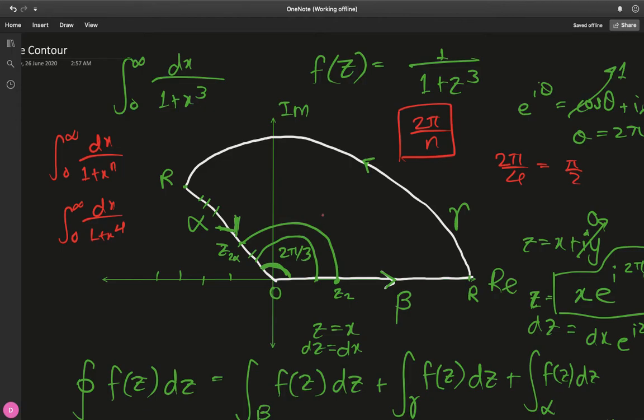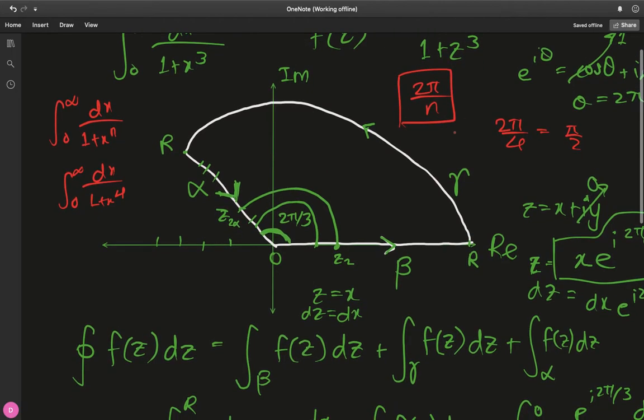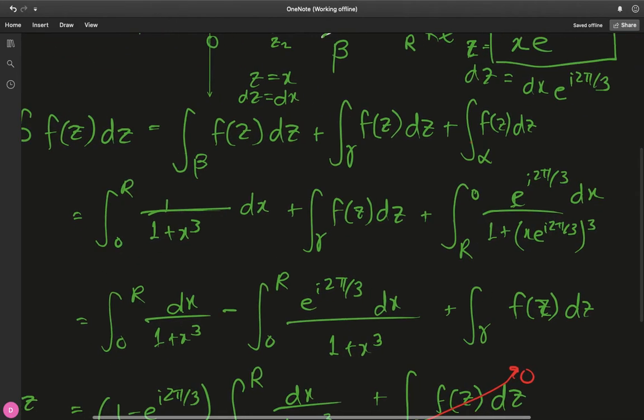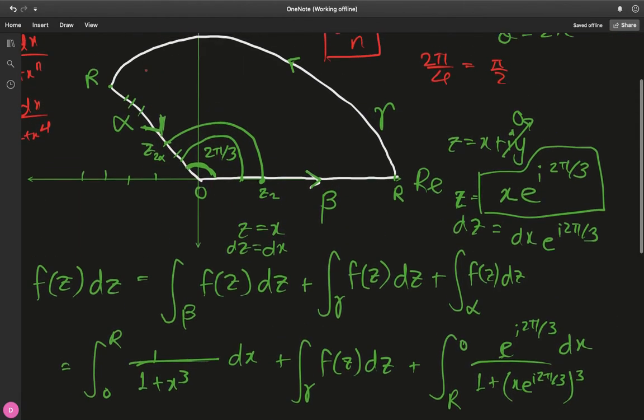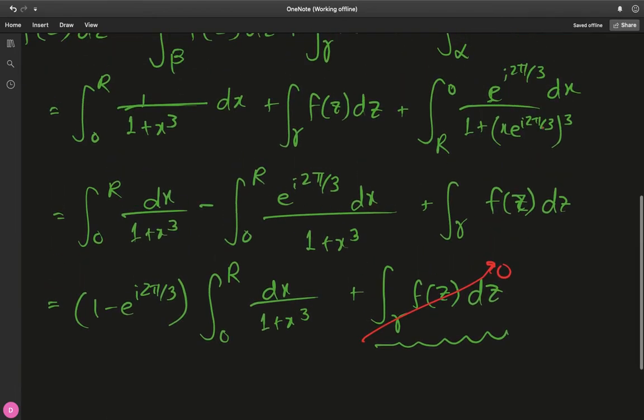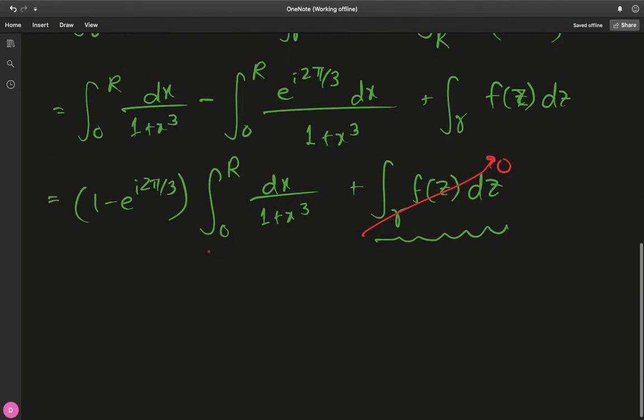The reason this trick is really useful is because when you consider this last path, that factor of e to the i 2 pi over 3, in a general case 2 pi over n, raised to the nth power will give you e to the i 2 pi, which is just 1. So you can write everything in terms of multiples of the original integral that you wanted to find, and this makes things really easy for us.